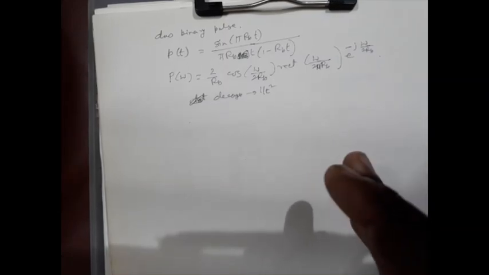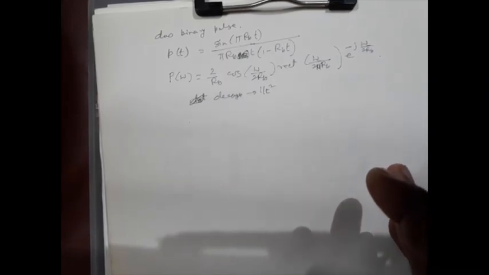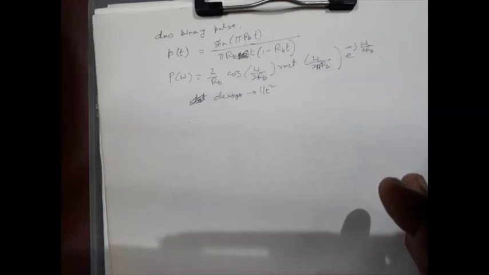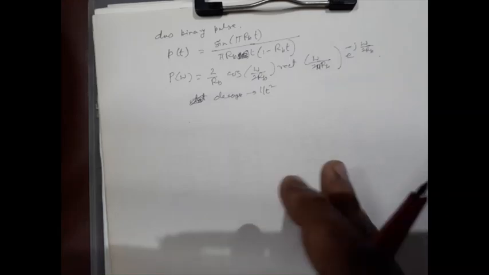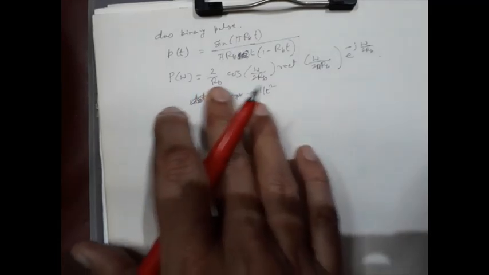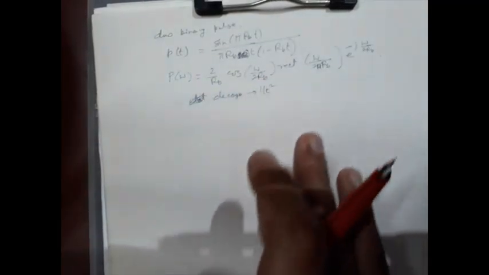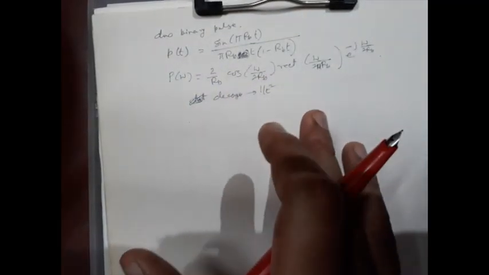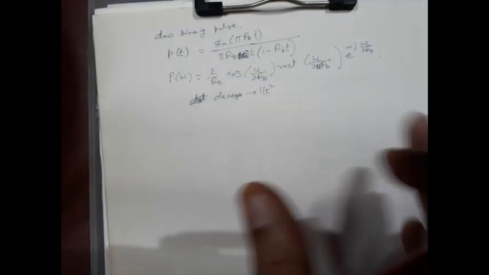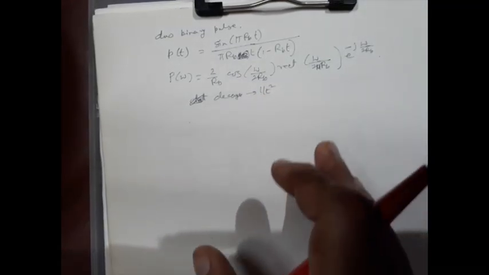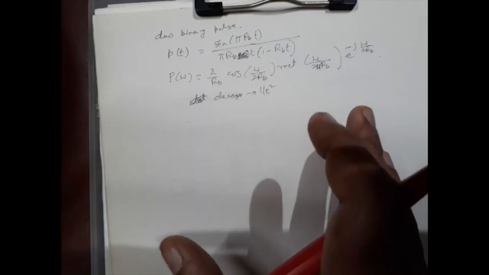The actual pulse is difficult to achieve because it is non-causal in nature and it has an infinite duration, but we can have some close approximation of this pulse.